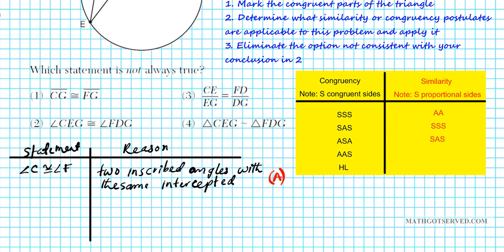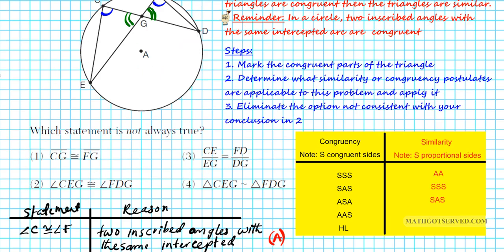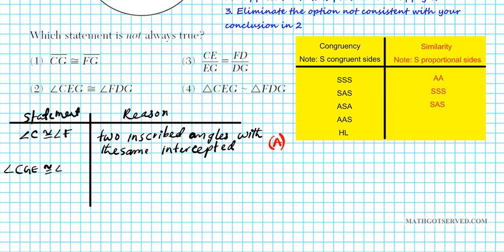Our next statement, angle CGE is congruent to angle FGD. And what's the reason? Vertical angles. What do we know about vertical angles? Vertical angles are congruent. So we have another A, a pair of congruent angles.